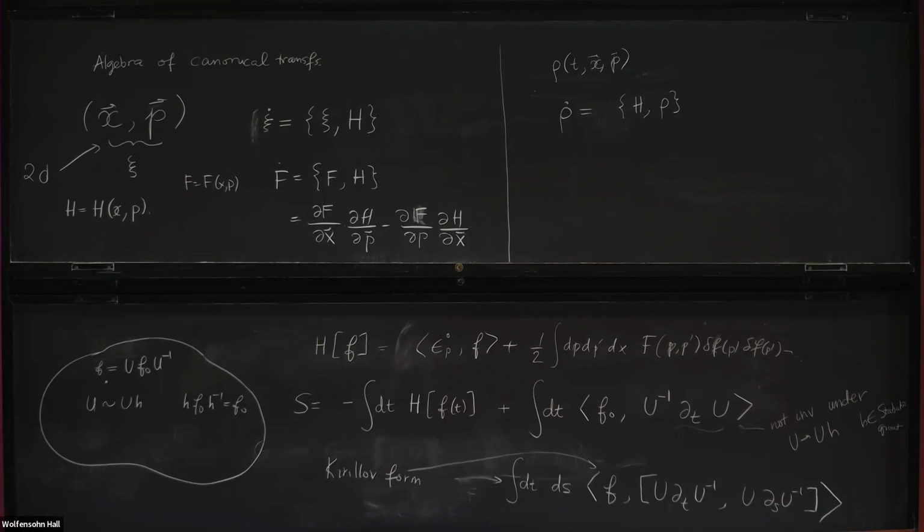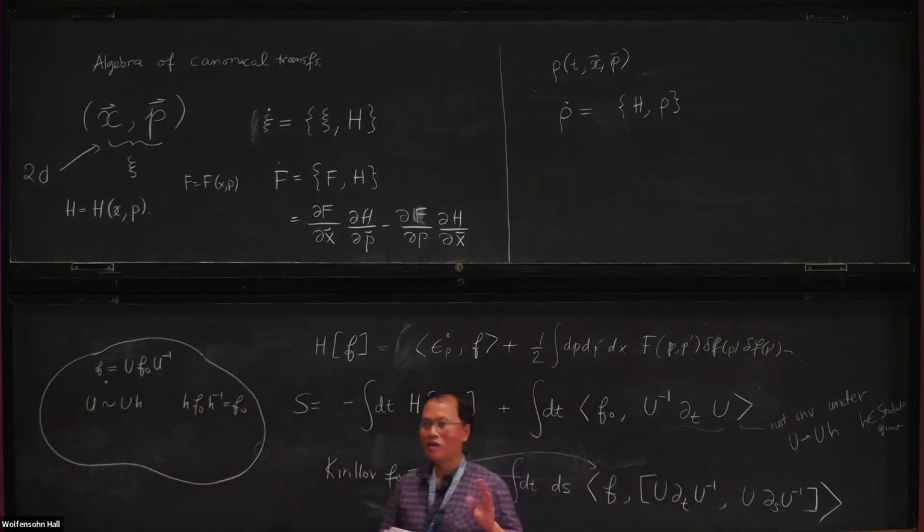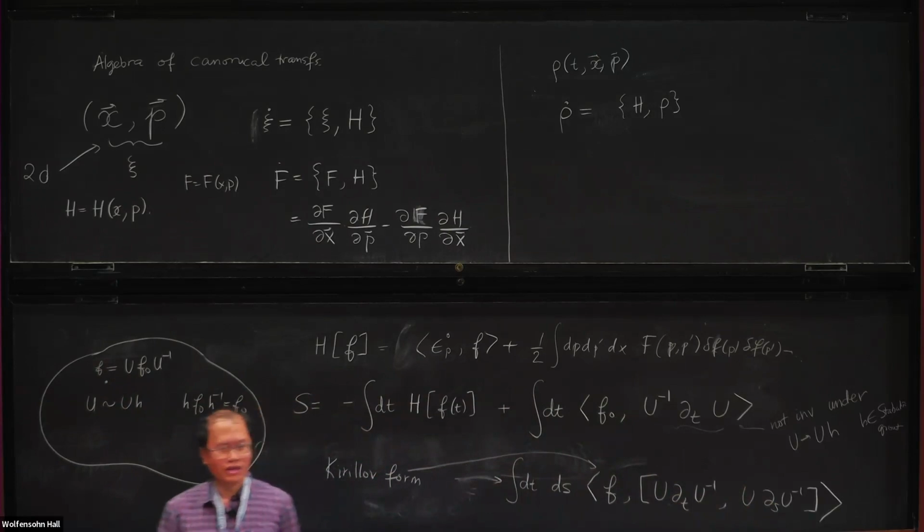It's the symplectic form on the co-adjoint orbit. You have to check that this form is independent of the parameterization of u, and also that it's closed. So that has been shown.